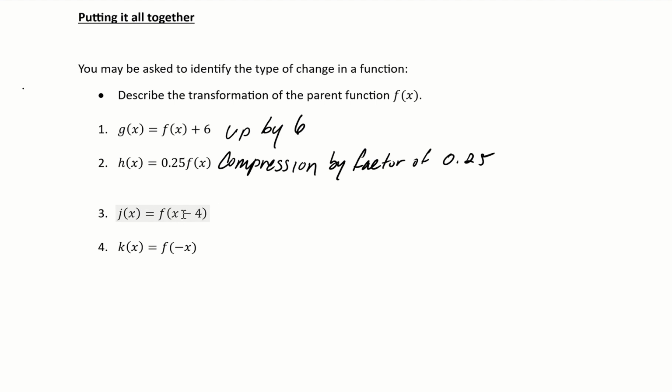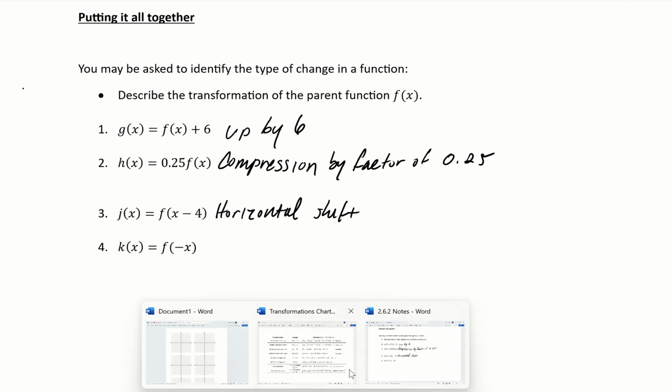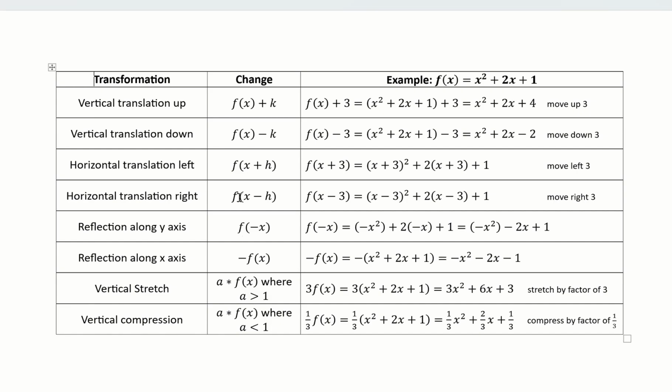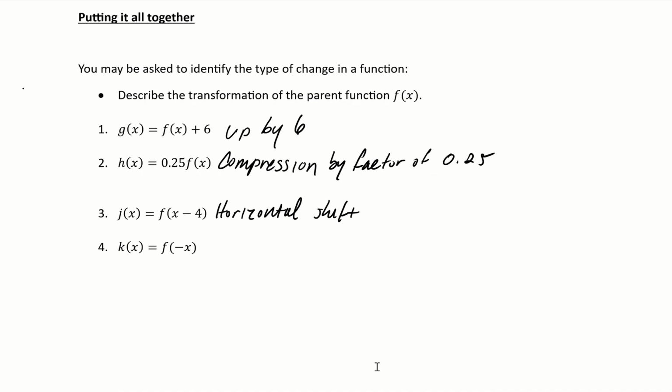Okay. Here, j of x is f of the quantity x minus 4. When we're adding or subtracting inside of the parentheses, that's a horizontal shift. So I'm going to say horizontal. If you look at our reference sheet, that's going to be a horizontal shift to the right because we're subtracting x minus h. So f of x minus 3, we're going to move to the right by 3.